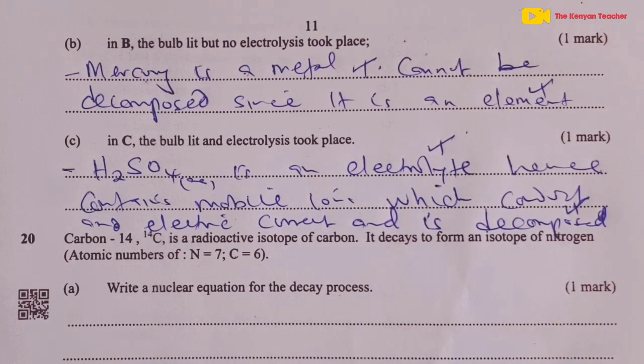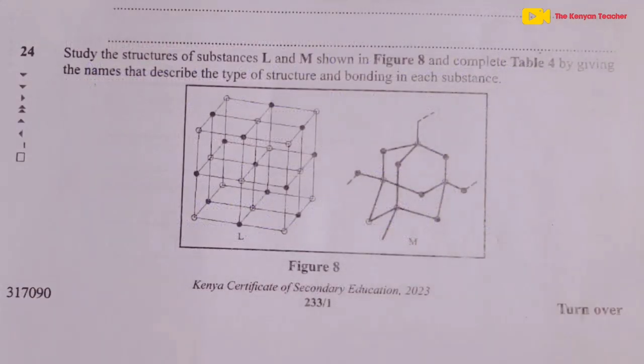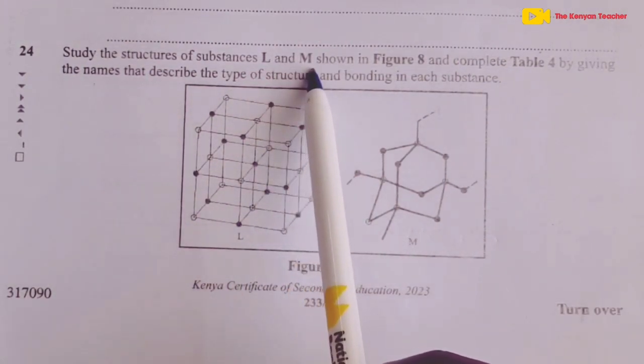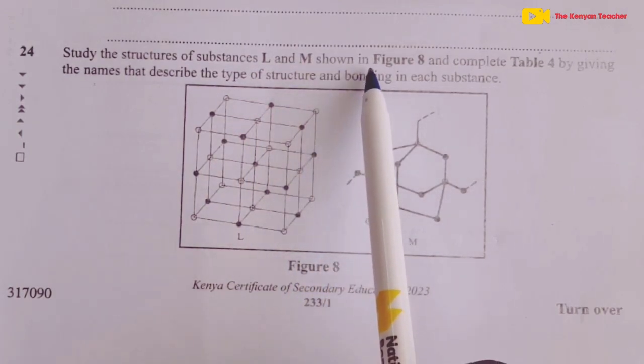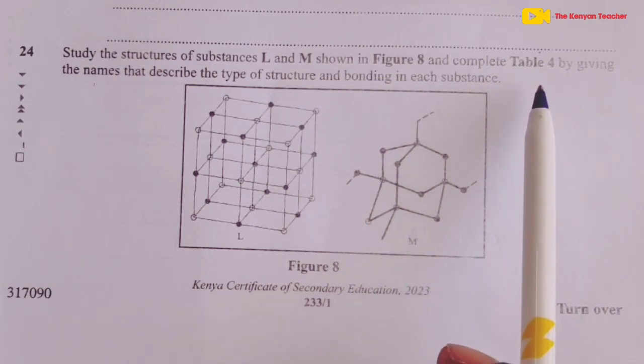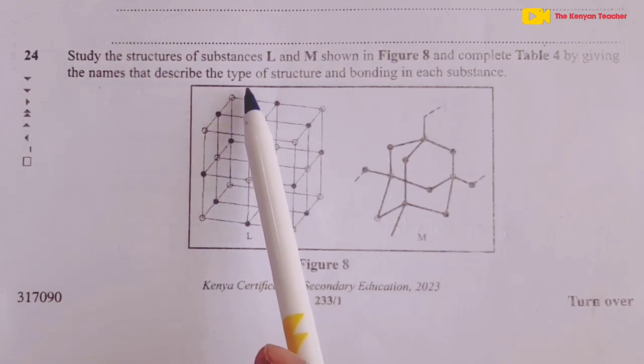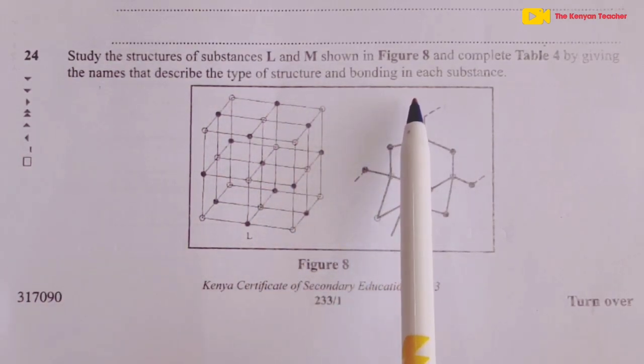Dear candidates, we are now moving to the last question that was borrowed from Form 2 work, and that is question number 24. The topic tested in question number 24 is structure and bonding once again. Study the structures of substance L and M shown in figure 8 and complete table 4 by giving the names that describe the types of structure and bonding in each.